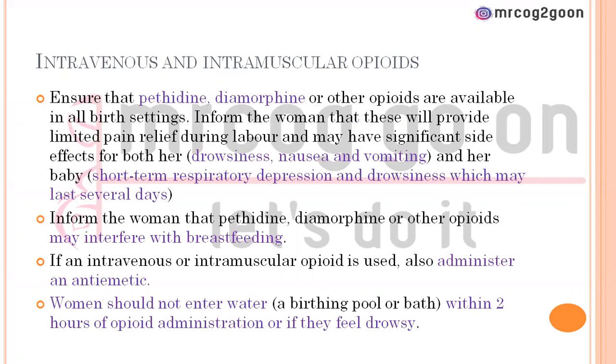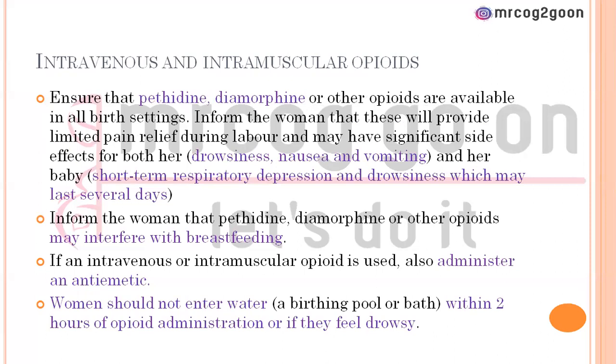Intravenous and intramuscular opioids. Ensure that pethidine and diamorphine are available, but you have to inform her that they may cause drowsiness, nausea, and vomiting for her, and short-term respiratory depression and drowsiness for the baby that may last for several days.